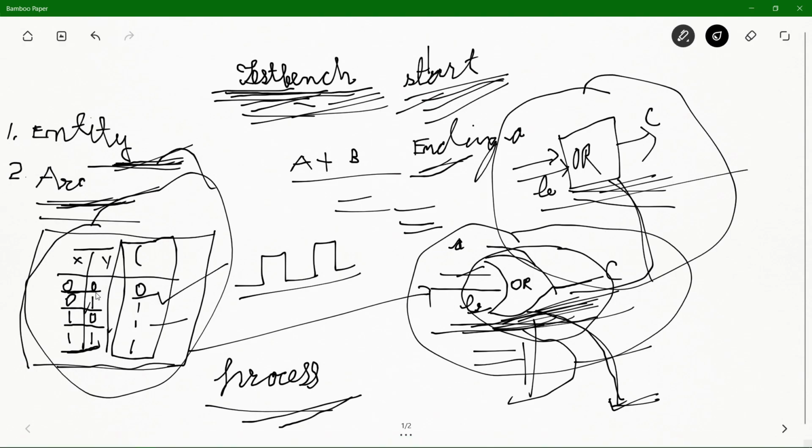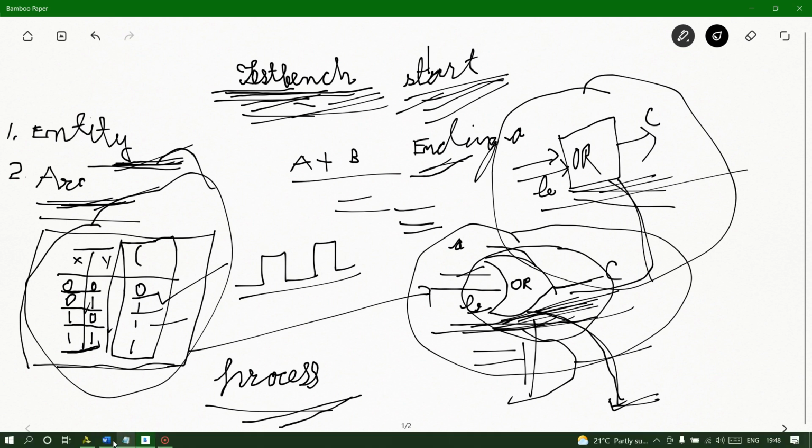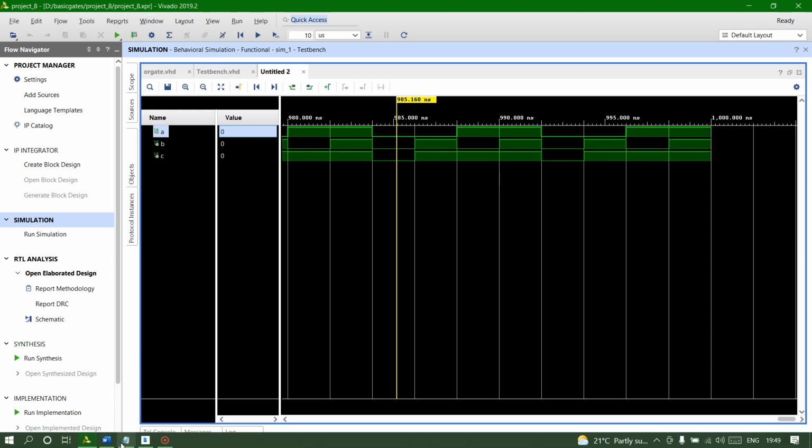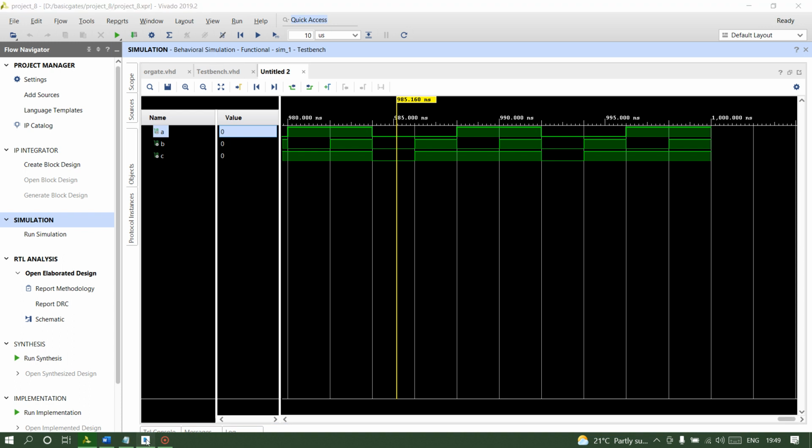Okay. So let's check my second input values. What I have given in my second input is that my A will be 0 and my B will be 1. And what will be the output that I will get? I will get the output as 1. So let's check that also. Let me check what I have written.